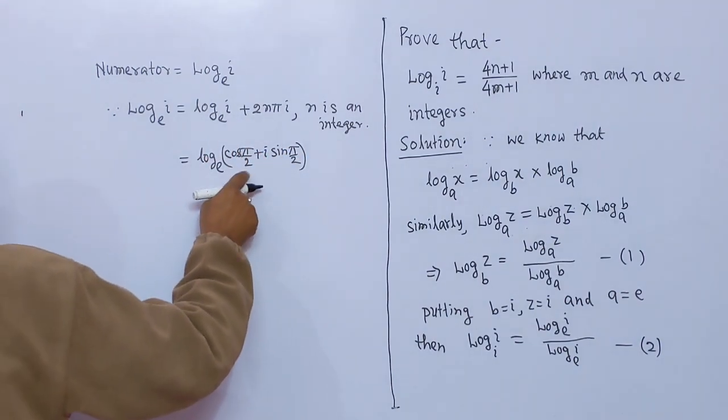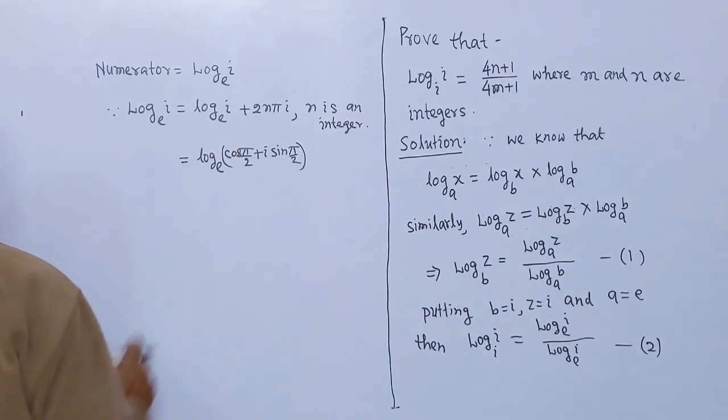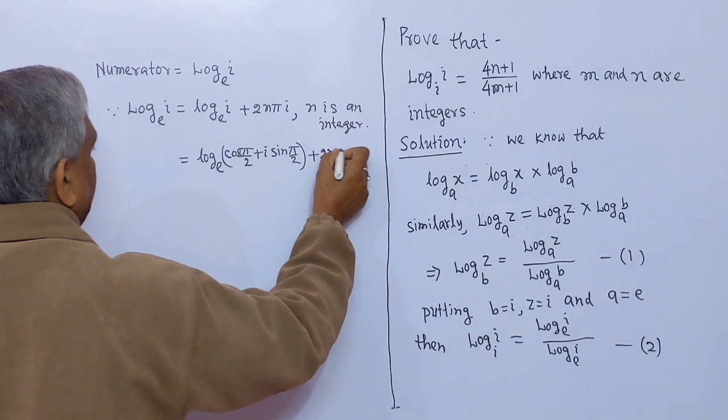Cos π/2 is 0, sin π/2 is 1, therefore remains only i, plus 2nπi.